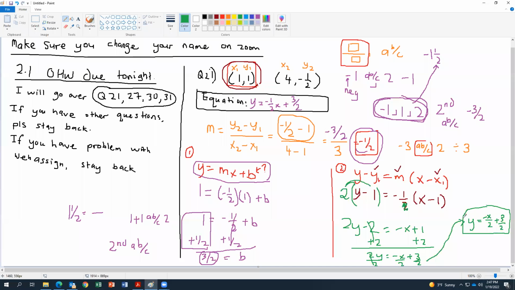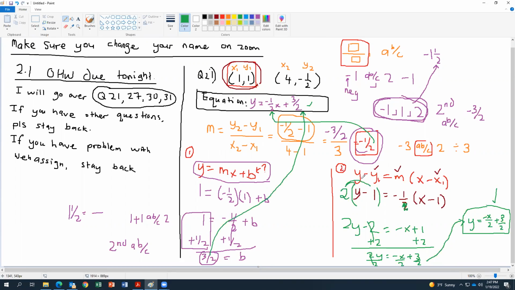These are the same. So it's up to you. Again, I think for your online homework, either one of these is good. The only good thing about this method is your answer is already here. You do not need to substitute the slope and the y-intercept that you found early on. So that is the only good thing about this.